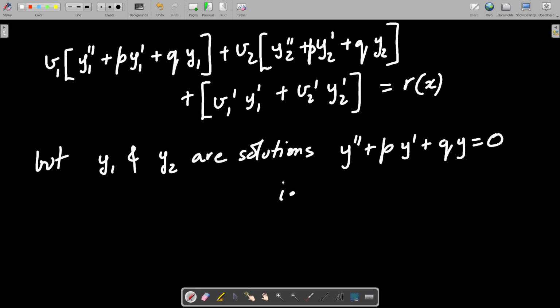That is, y1 double prime plus p y1 prime plus q y1 should be equal to 0.